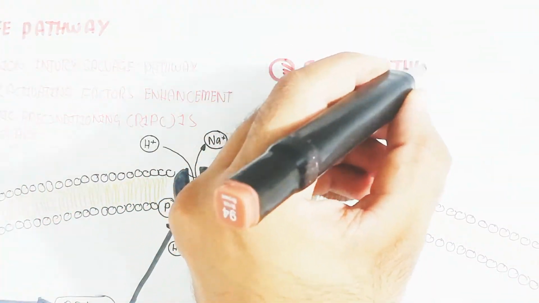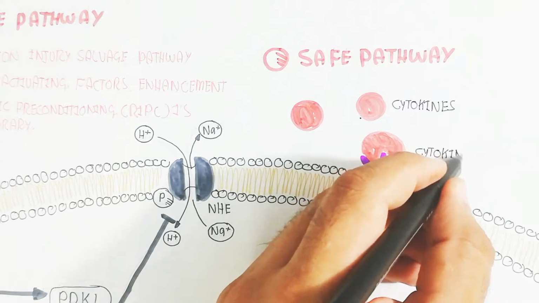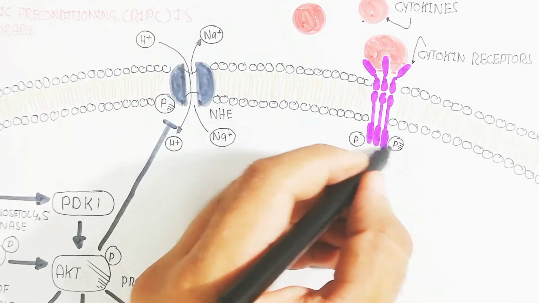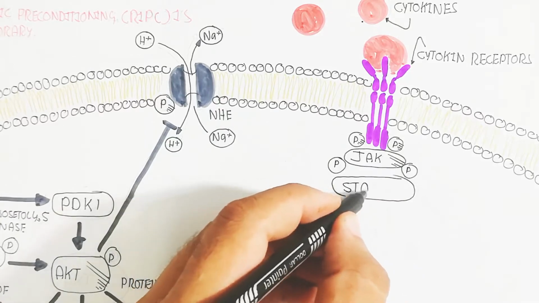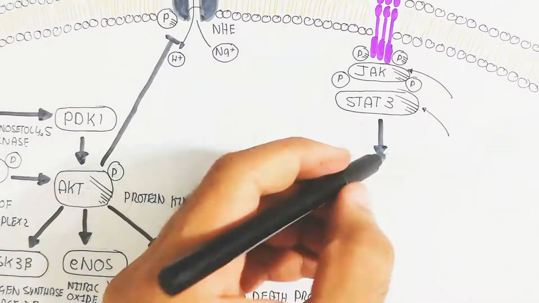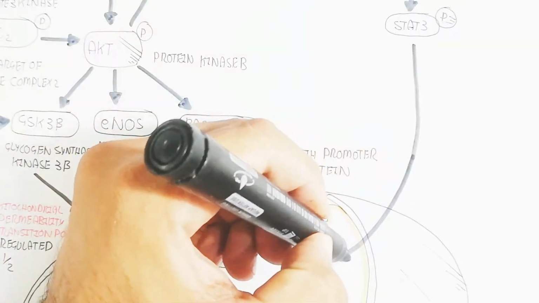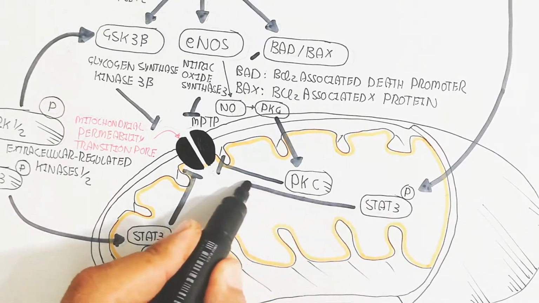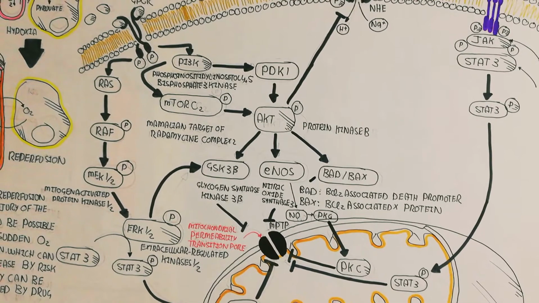On the other hand, let's begin to understand the SAFE pathway. The SAFE pathway is activated by the binding of cytokines. When cytokines bind, the cytokine receptor recruits JAK, and after phosphorylation of the intracellular subunit of the cytokine receptor, STAT3 docks. After docking, phosphorylated STAT3 goes into the mitochondria and, by the same mechanism, inhibits the mitochondrial permeability transition pore to prevent mitochondrial damage.